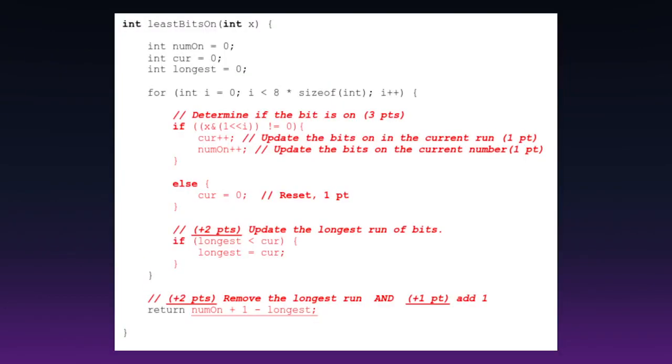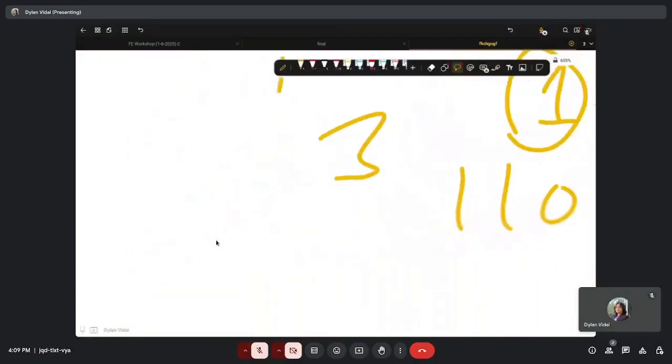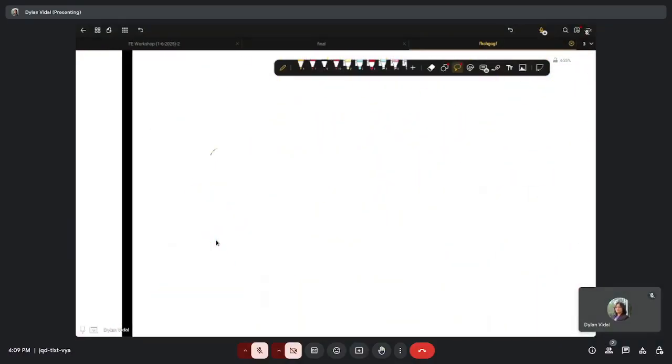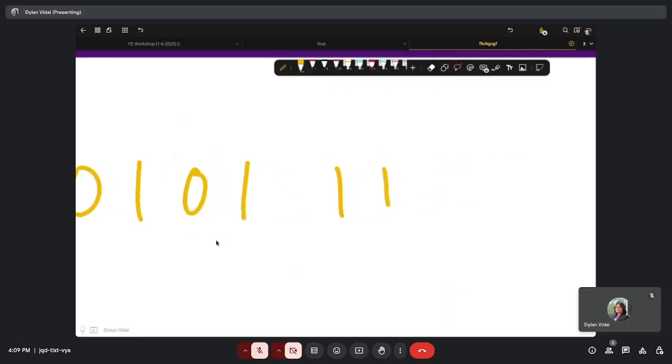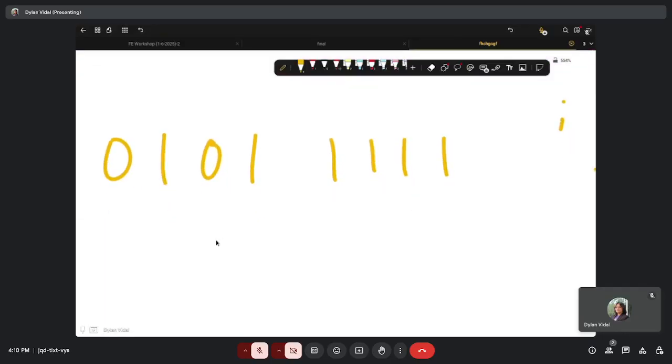What's up? The return statement? All right. So let me run through this problem super quick because I want to move on. So let's say we have 0, 1, 0, 1, 1, 1, 1, 1. And so we find out that this is our longest result, right? So we can add, and we don't even need to know what number it is.